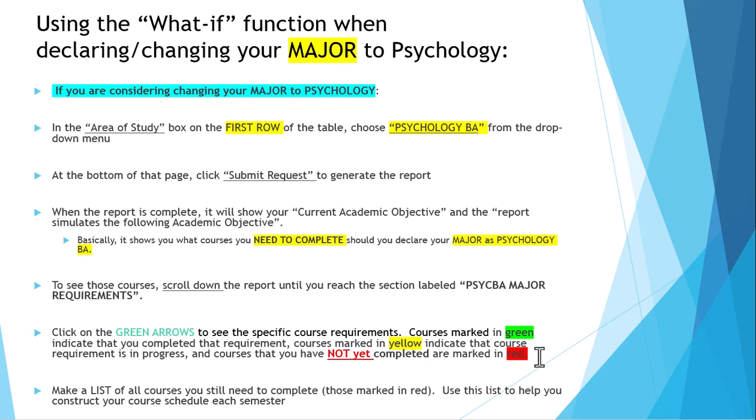I encourage you to make a list of all of the psychology major requirements that are marked in red, because that will tell you what you will need to complete in order to fulfill the psychology major requirements. It will also help you to construct your course schedule should you declare psych to be your major.